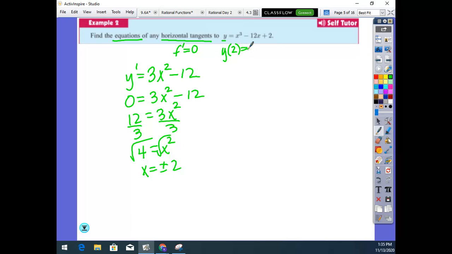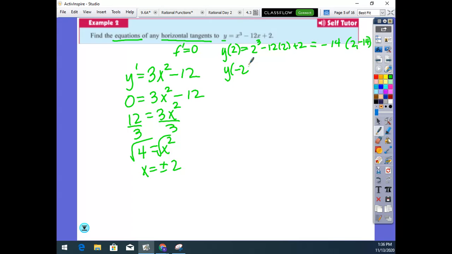what's my y value going to be when x is 2? That's 2 to the third minus 12 times 2 plus 2. You plug all that in, you get negative 14. So this particular point, when x is 2, y is negative 14.